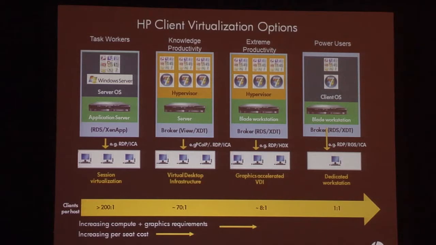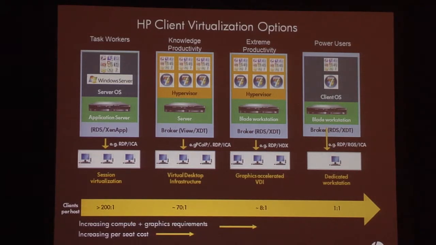But as you see on the bottom here, we're looking at the scalability numbers typically. So in the server-based computing space, I can today comfortably host about 200 users in a XenApp environment. As we move to the right, 70 or so is probably a good number in my VDI environment, although I'm going to talk to our latest generation of servers in the space that really blow that number out.